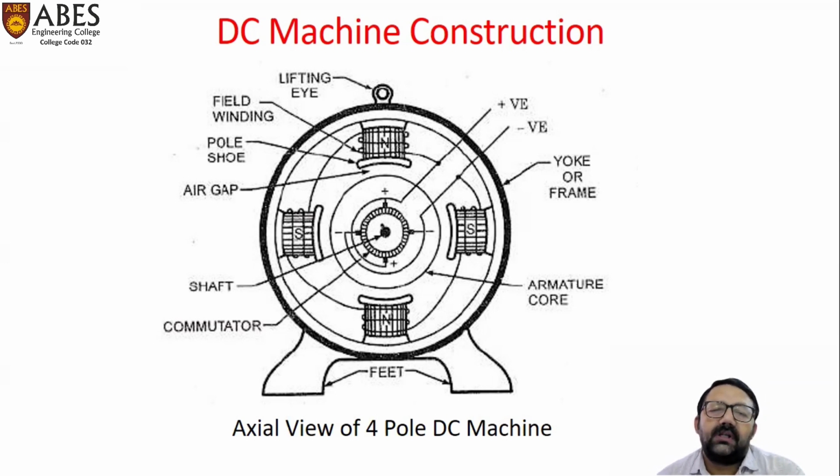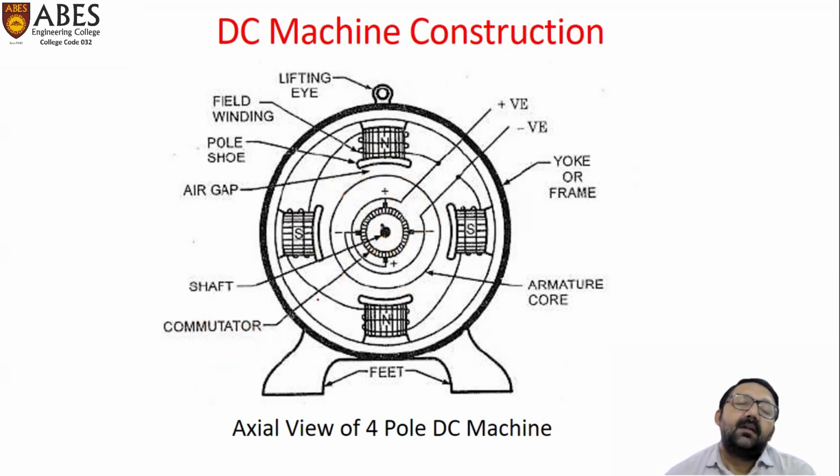Now, one important point is that the same machine can act as a motor as well as a generator. It depends upon which type of input we are providing to the machine. For example, if we connect this central shaft to a prime mover and provide rotation, then due to the rotation of the armature conductors, they will cut the flux provided by these field poles, and in the conductors EMF is induced, which is collected by the brushes and available in the form of output.